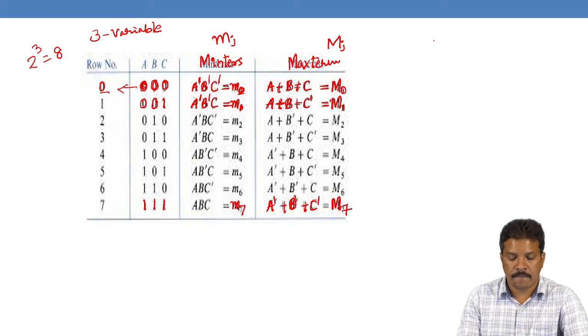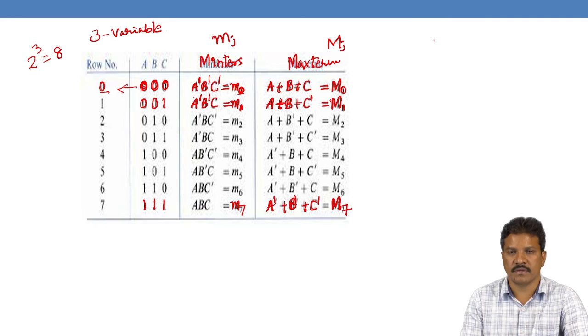So these are all combinations of min terms and max terms: 8 combinations of min terms and 8 combinations of max terms. So we can also represent a Boolean function not only using all the min terms and all the max terms. A Boolean function can be represented with a single variable or 2 variables or 3 variable functions.